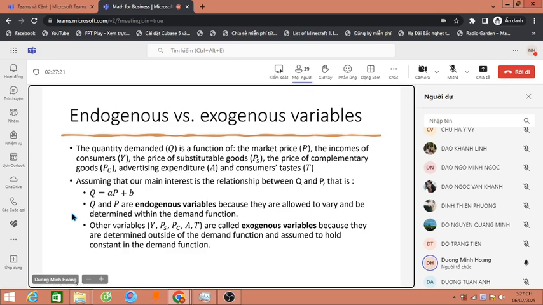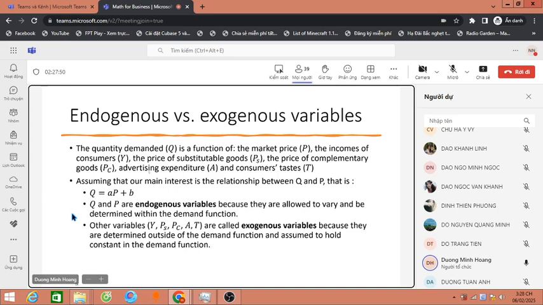So if there are other alternatives that have the same function, but the price is lower, of course you would want to go to the alternative, leaving the quantity of the goods that you want to buy lower. So that could affect the quantity consumers want to buy.